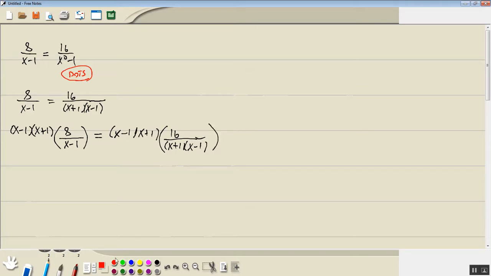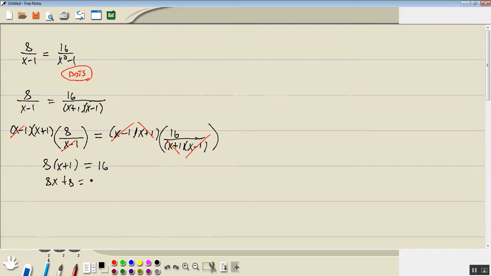Okay, so when we do that, this x plus 1 cancels, this x minus 1 cancels this x minus 1, this x minus 1 cancels this x minus 1, and this x plus 1 cancels that x plus 1. So we're left with 8 times x plus 1 is equal to 16. Now solve this. 8 times x is 8x. 8 times 1 is 8.